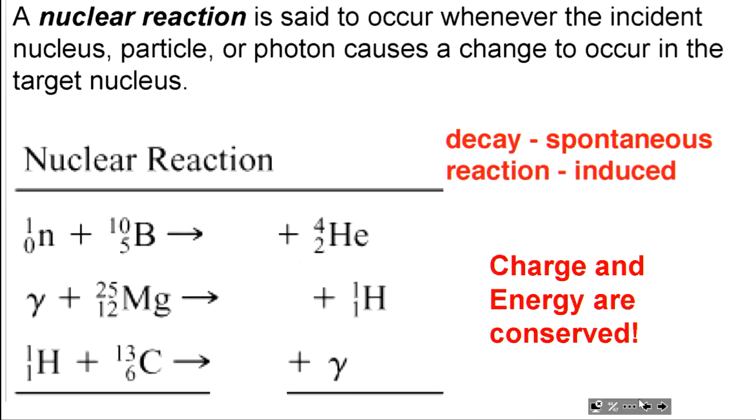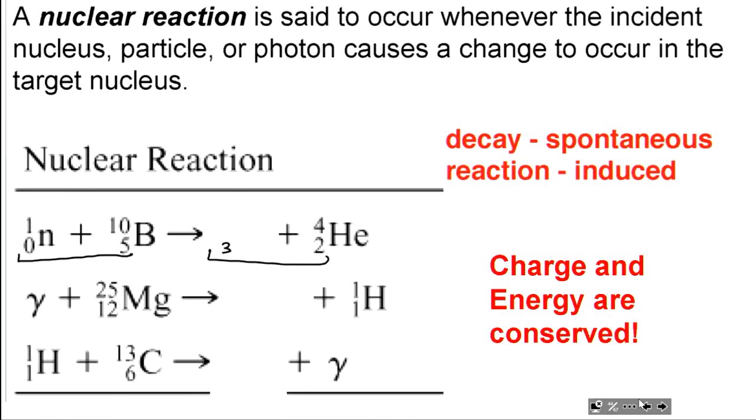So for example, we have three induced reactions here. Neutron induces the reaction with the boron. As the result, we observe an alpha particle traveling away, but there has to be something else. What? Well, the law of conservation of charge says that the total charge, 0 plus 5, should be equal to the total charge, question mark plus 2.